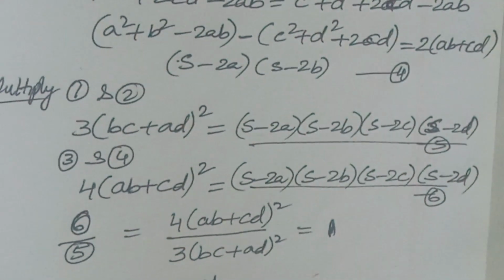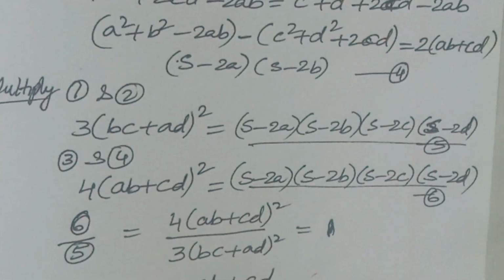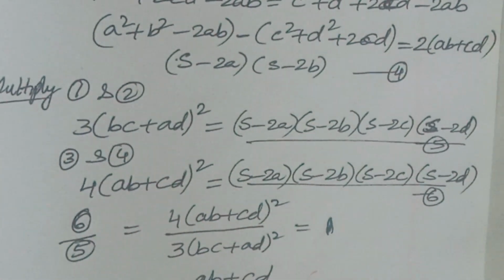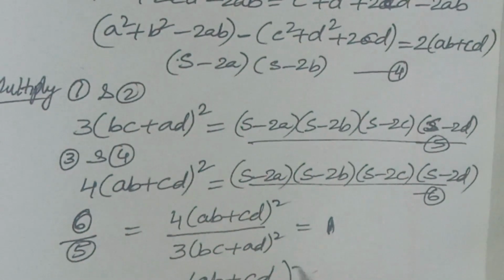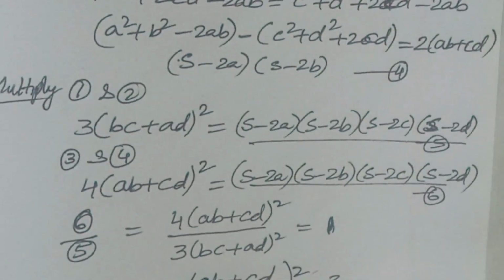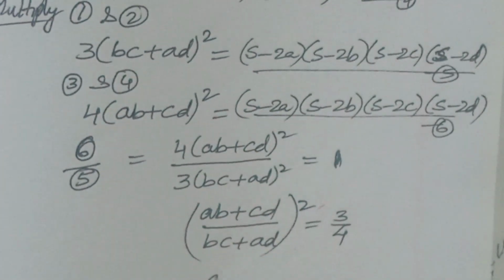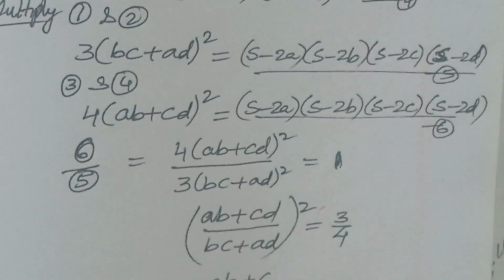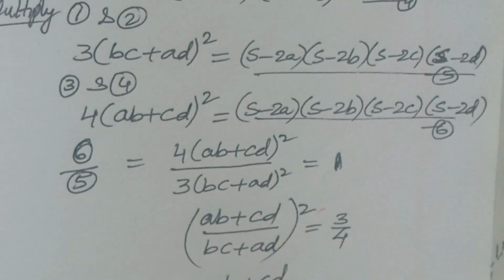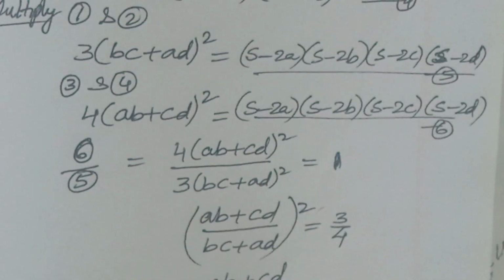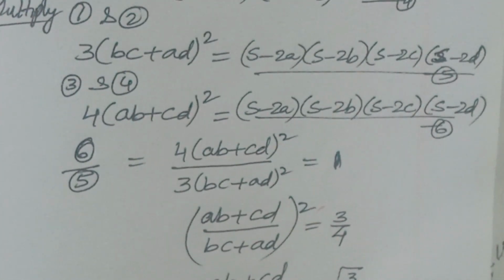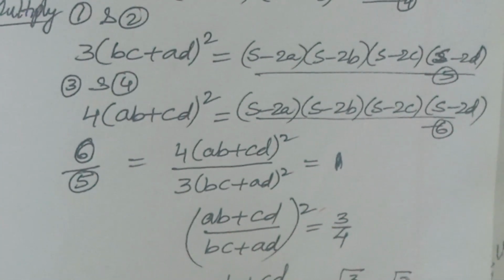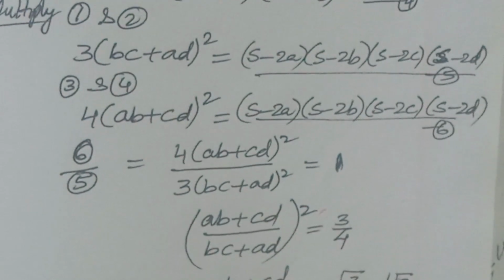Now AB plus CD by BC plus AD whole square is equal to 3 by 4. I want only AB plus CD by BC plus AD, which is equal to square root of 3 by 4. So root 3 by 2 is the answer.